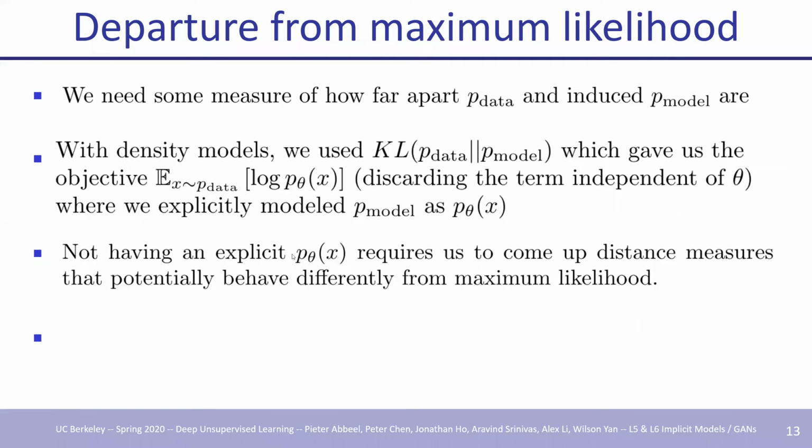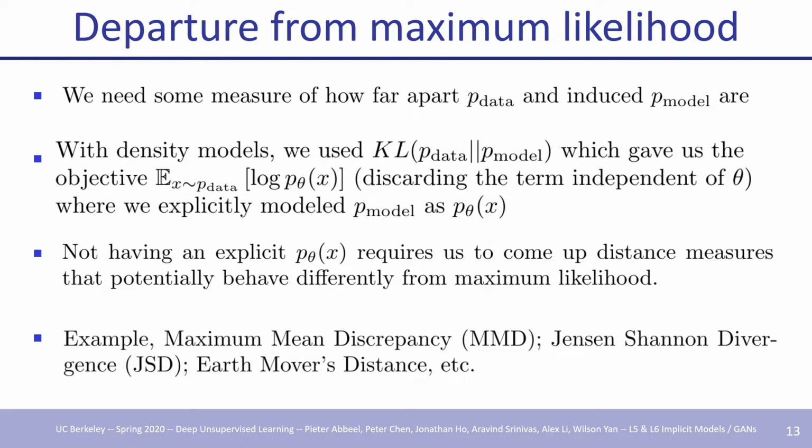Because we don't have an explicit p theta here, we have to come up with a distance measure that's different than maximum likelihood. And so there are all these different distance measures that we can use.